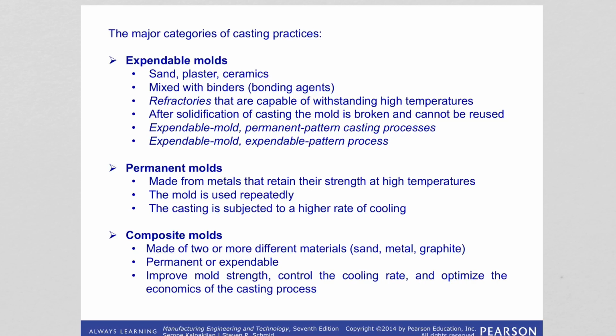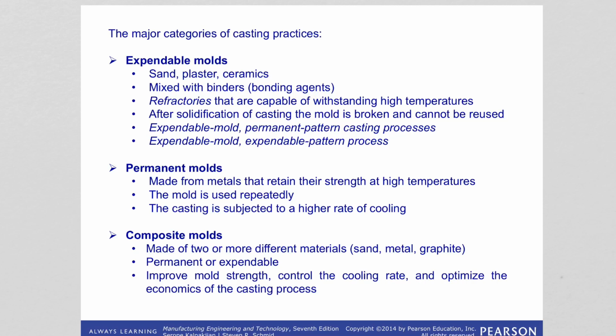Composite molds, as the name implies, use two or more different materials. It can mix the sand with metal, or can use graphite. We are combining them and therefore combining the advantages of each of these materials. Because we are playing with the composition of the mold, we can play with the rate of cooling.